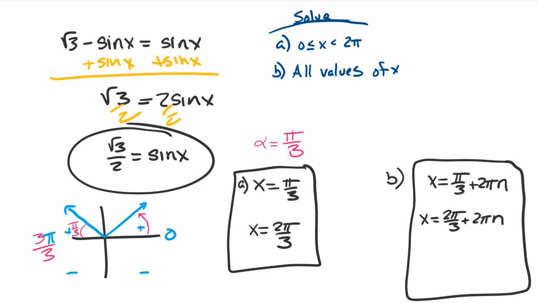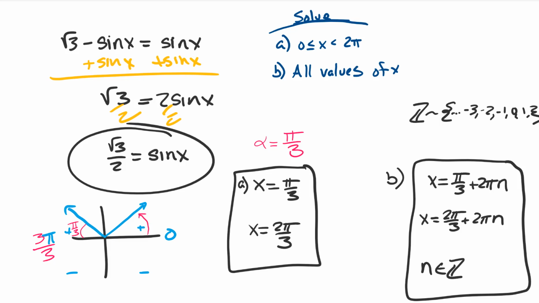I still need to define what n is. n is an element of the integers, positive and negative numbers. Some examples are maybe negative 3, negative 2, negative 1, 0, 1, and it goes on like that forever.